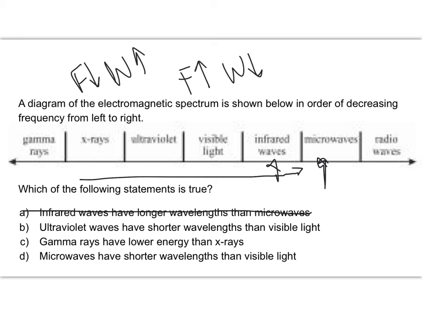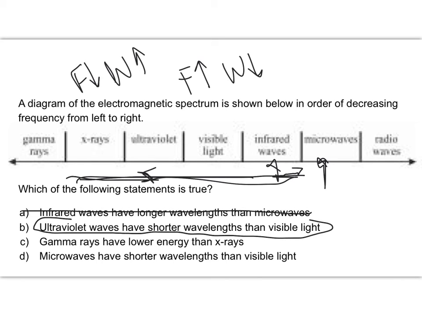Ultraviolet waves have shorter wavelengths. Well, we just said that as the frequency goes down, the wavelength goes up. So that would mean that if the frequency goes up, the wavelength goes down going this way. Ultraviolet waves have a higher frequency and therefore shorter wavelengths than visible light.